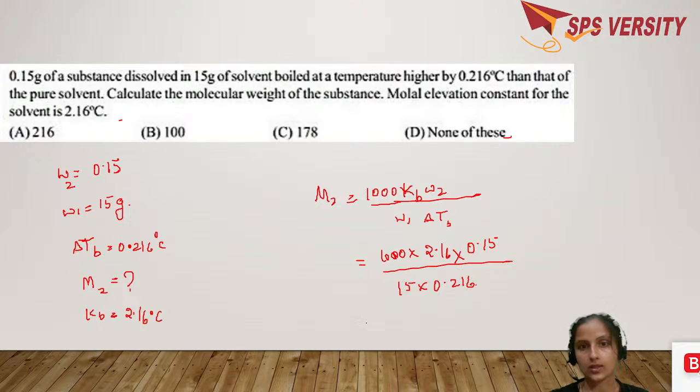Tens out, tens out, tens in. If you multiply this, the value you are going to get is approximately 100. So the mass will be 100. Unit is gram per mole.